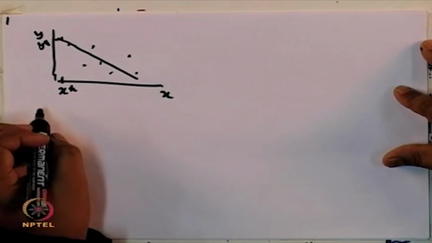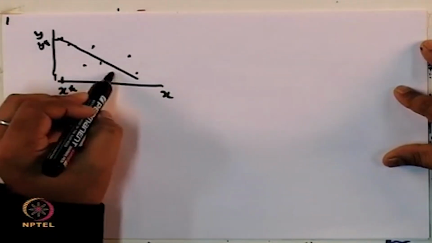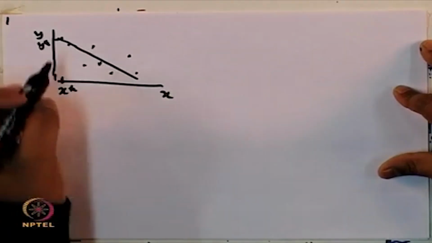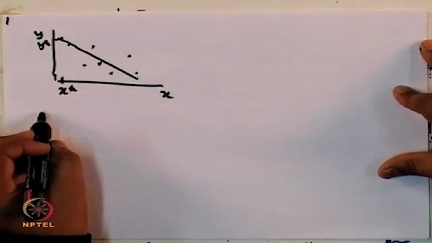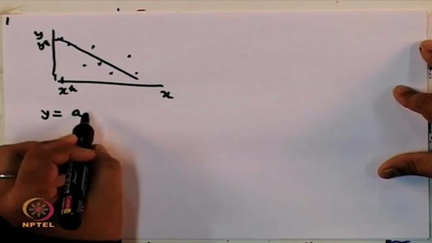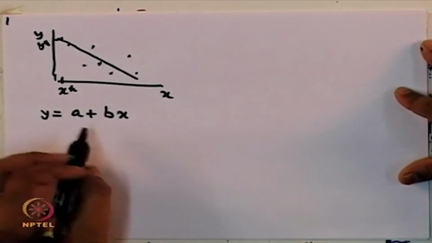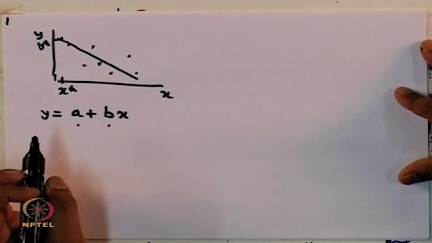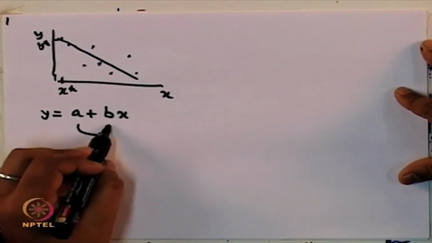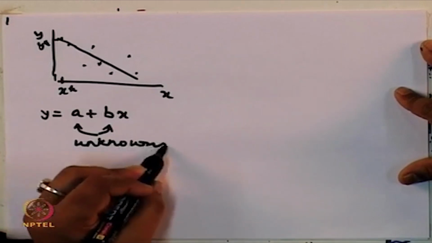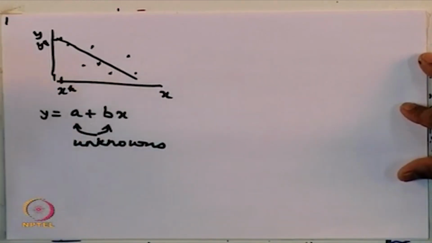So, in this particular case, when the data gives the impression that there is some linear trend, we fit these data points using a line which is y is equal to a plus bx. Clearly, the equation of this line has two unknowns, and you want to find the values of a and b.